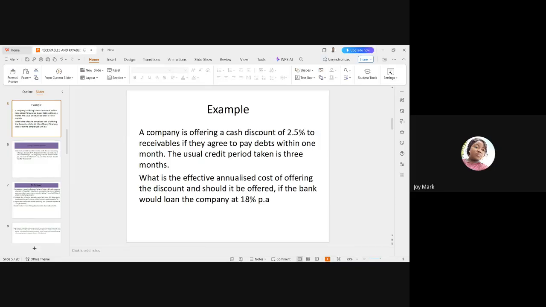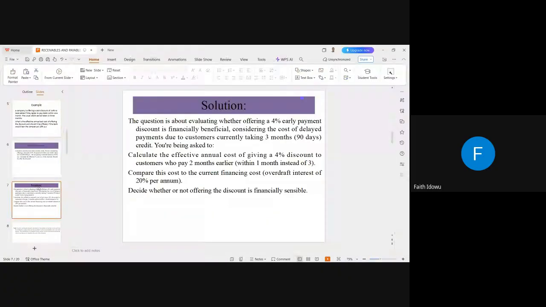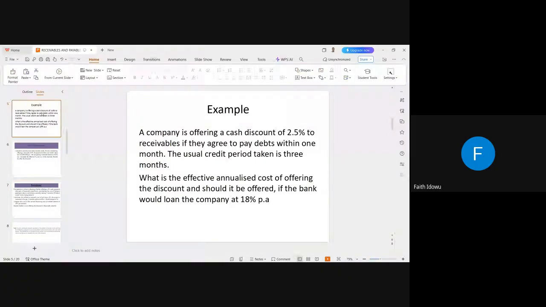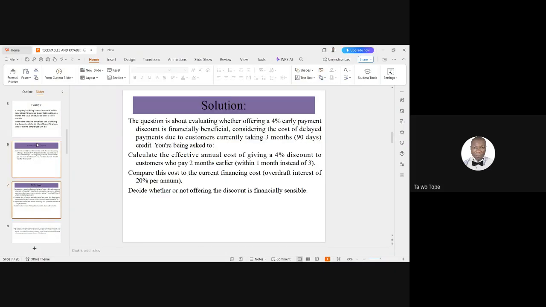How did I get to 6? Sorry, in fact, I did one funny stuff. I counted 12, like 1, 2, 2, 3. So I counted 2, 2, 2, 2, 2, 2, like those primary school digits. That is tally, to give you 6. So the 6 is the 12 months you have in a year divided by the 2 months you are saving.